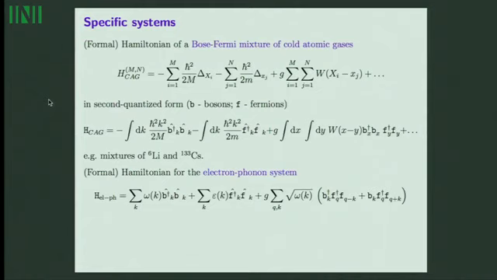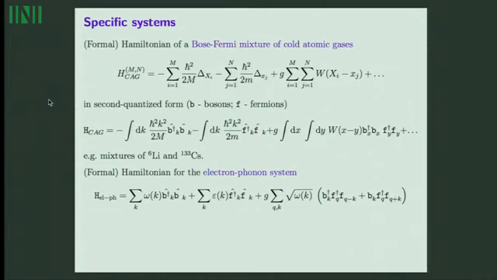There is also a very well-known system, the so-called electron-phonon system, which has the general form that the bosons just have some omega of k, which replaces this k squared. And the fermions can also have some other energy-momentum relation here. And then there is a term which is different from this one.